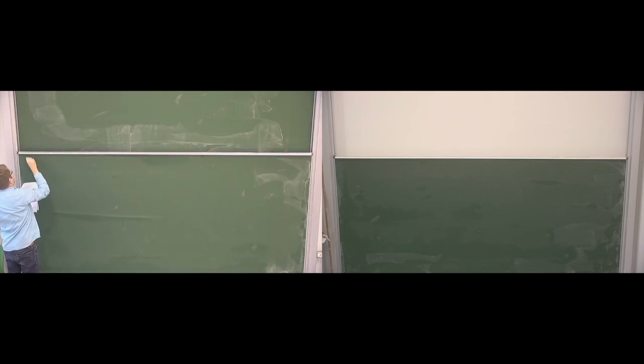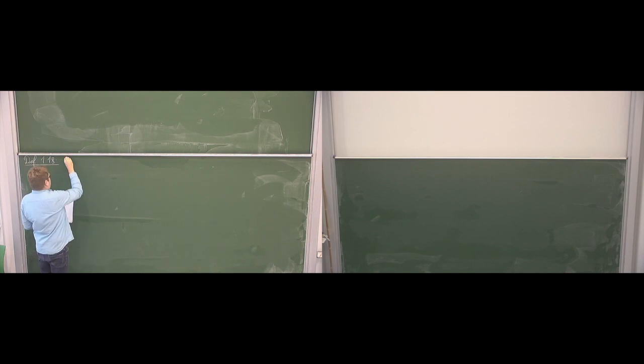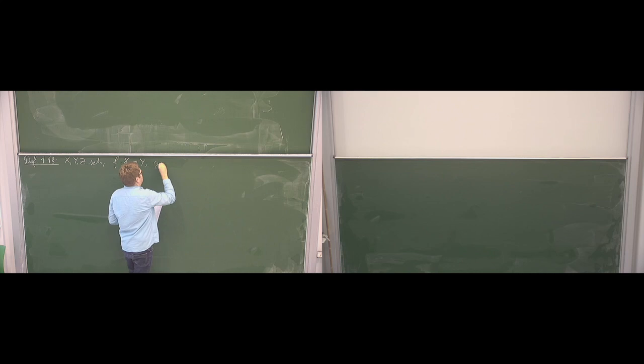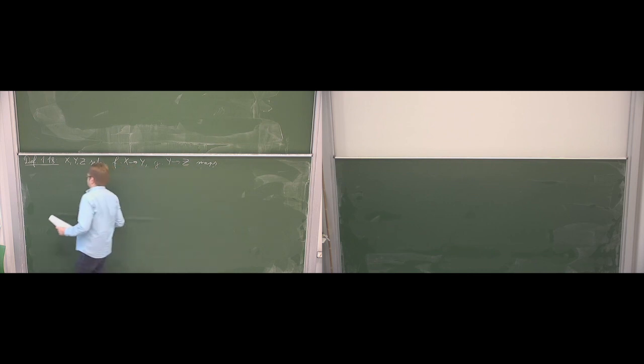The first, very elementary, definition 1.18. If we have three sets, not necessarily different, X, Y, and Z, and we have one map f from X to Y and a map g from Y to Z, then we can define the composition of maps.